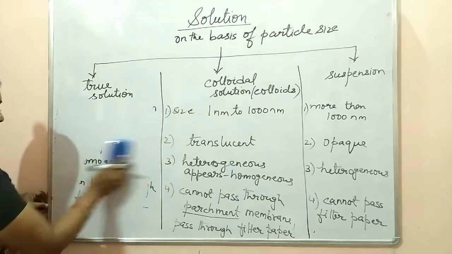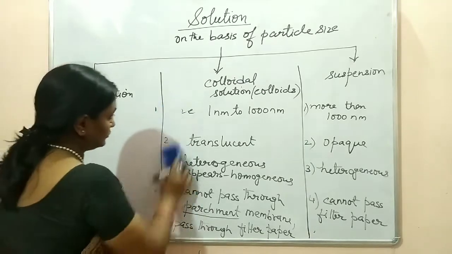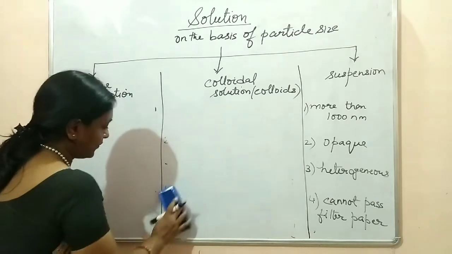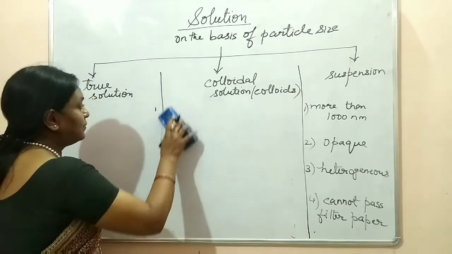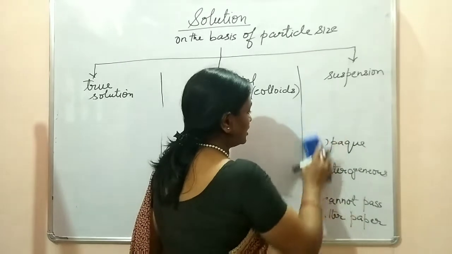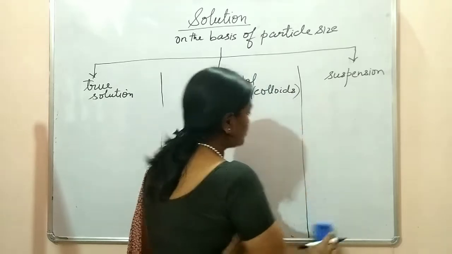Four points we have already discussed. We will see the next points. So the next points are certain properties that are new to you. You have not heard about them or studied about them, but I will explain what they are.